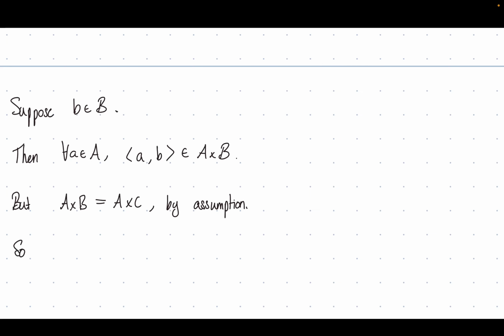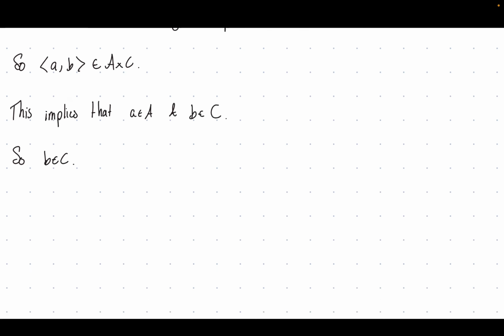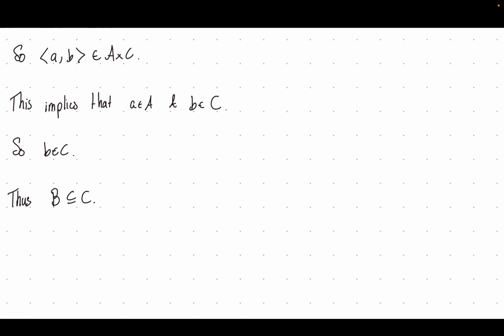So a comma b is in A cross C. This implies that little a is in big A and little b is in big C. So little b is in big C. Thus, B is a subset of C. And that is the general proof structure that we're going to use. Do the exact same thing, just swap around B and C.